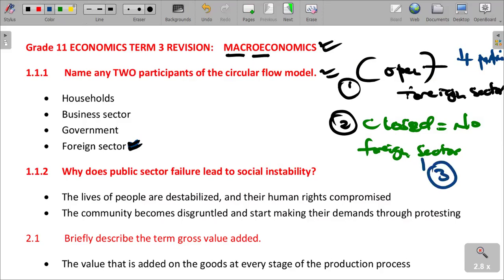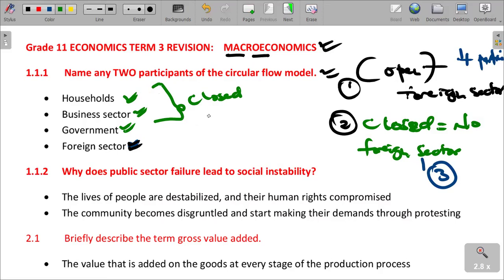Households are found in both, the business sector and the government are also there. These three can make up a closed circular flow model.